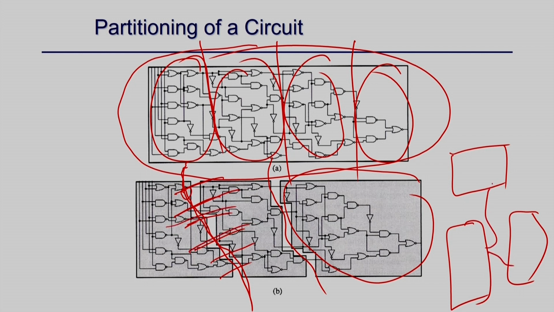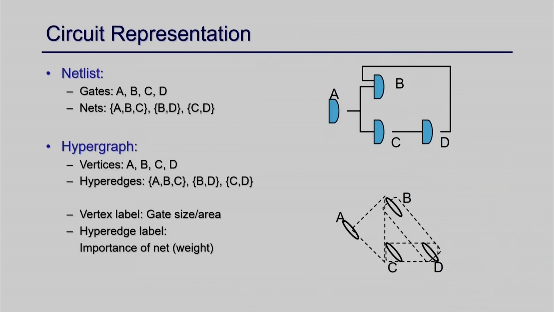So your objective will be to find a cut which has the minimum number of such routing connections. That gives you the benefit of far fewer interconnections, and that is a good partitioning of your circuit.